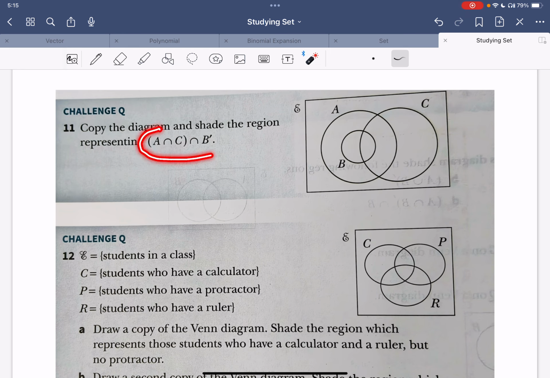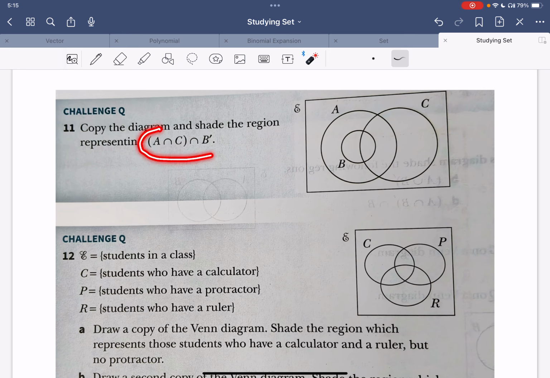And then intersect the complement of B. What is the complement of B? It's all the area outside the circle B, right? So can you find the overlapping area? Yes, that is this one.